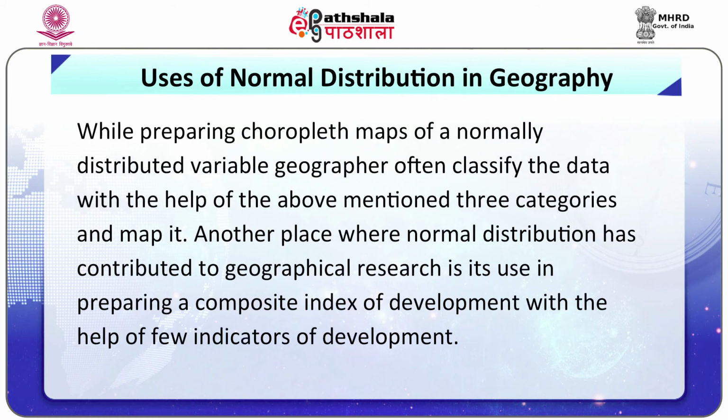While preparing choropleth maps for a normally distributed variable, geographers often classify the data with the help of above mentioned three categories and map it. Another place where normal distribution has contributed to geographical research is its use in preparing a composite index of development with the help of a few indicators of development.